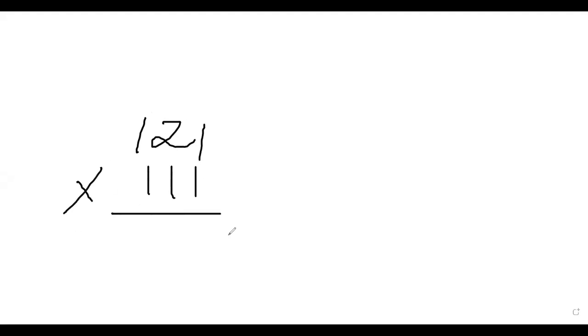Okay, let's say we are going to multiply 121 times 111. It's very simple, right? If you are going to multiply this number by 111, these two numbers are near to 100. So we have to obtain 100 like this. And then we have to find the difference between this one and this one.